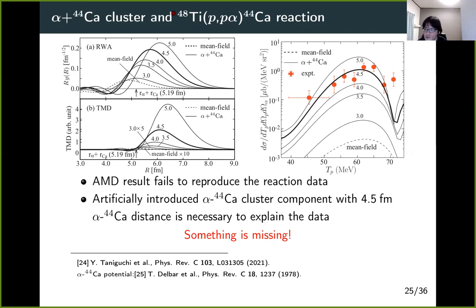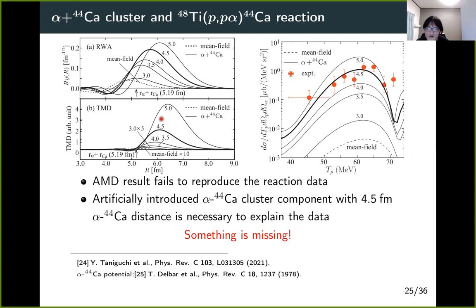But titanium-48 is stable with N not equal Z. And also above calcium, the nucleons are occupied in a shell model picture, in the pf shell.